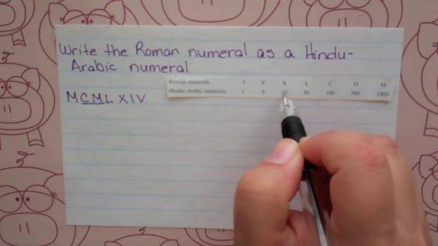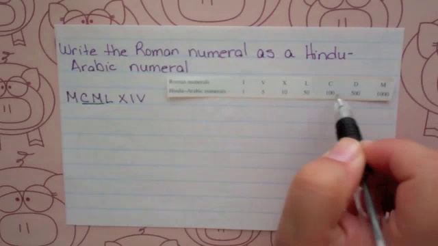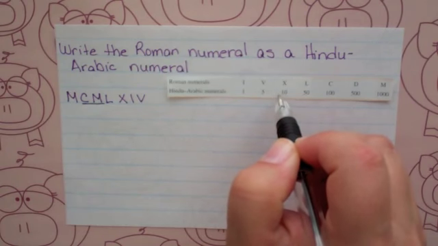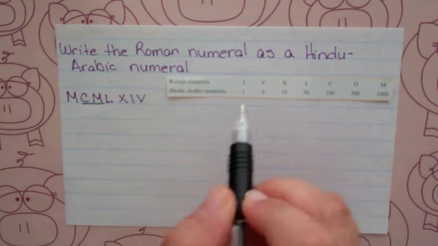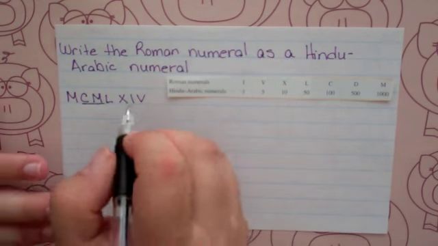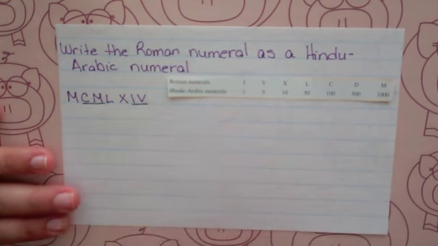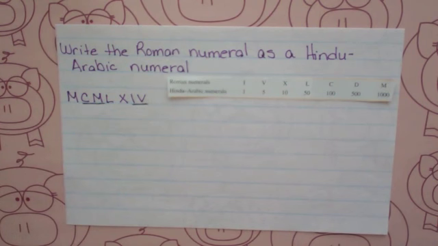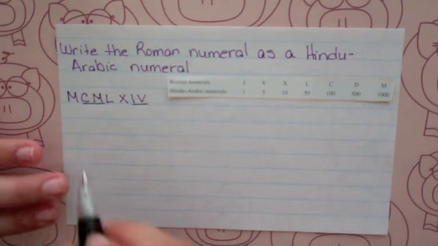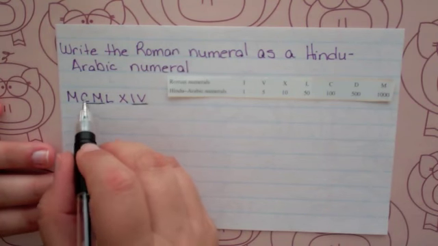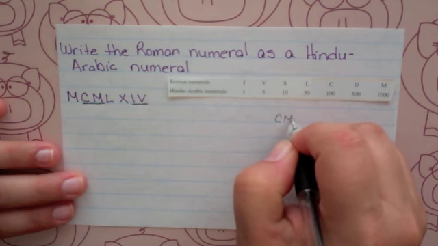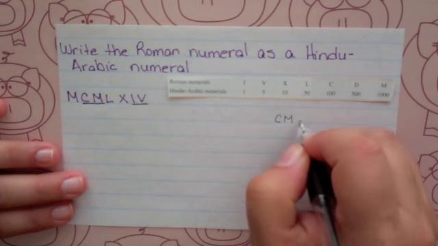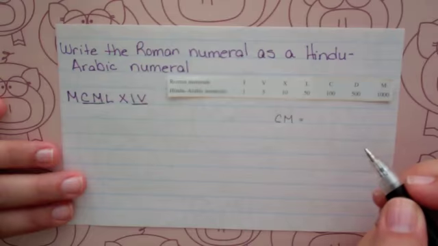L, X: so far I'm traveling in order. But then look at the last one, IV. That's in the reverse order, which means these two need to be together. They mean subtraction. For example, when you see CM, that's telling you to subtract.